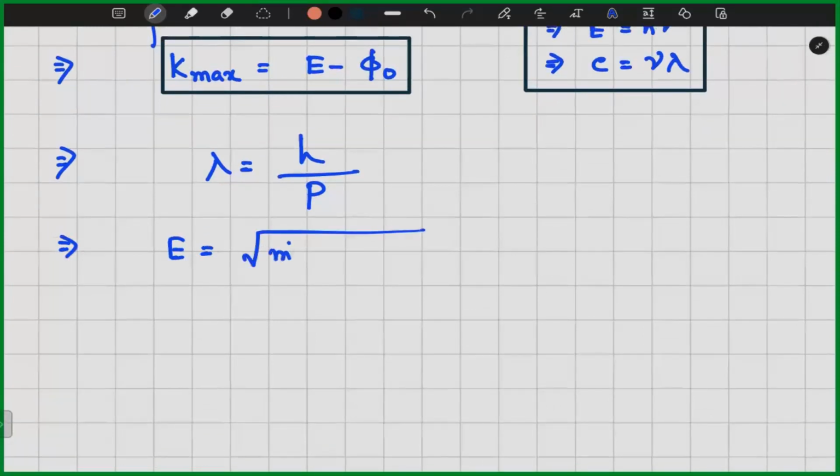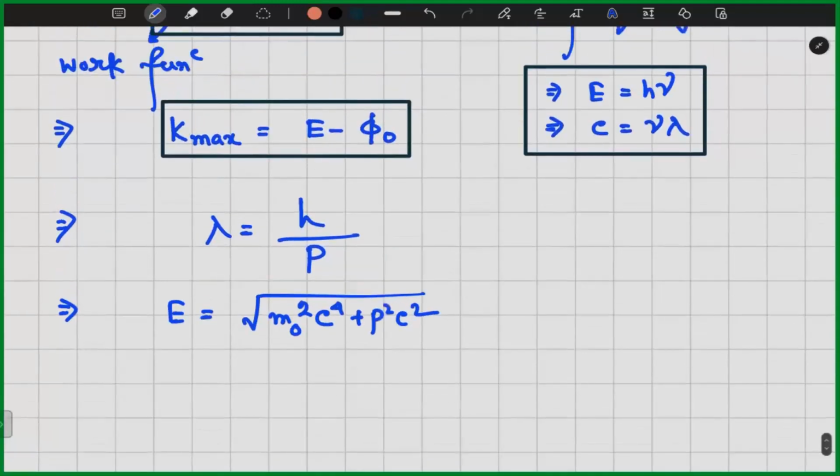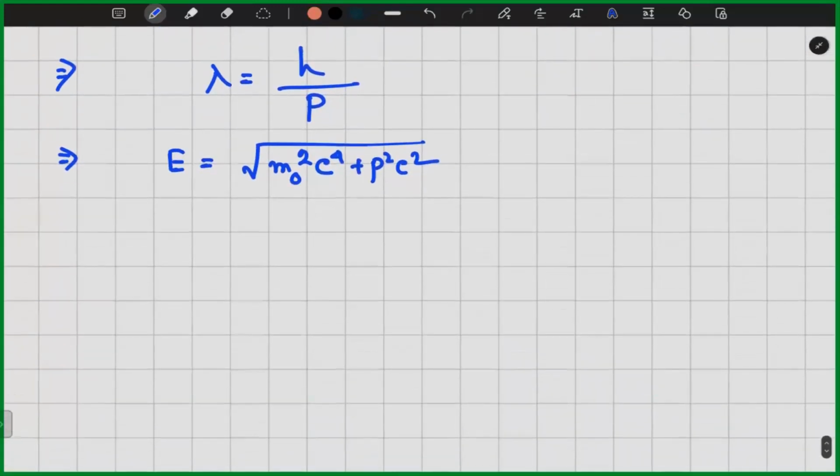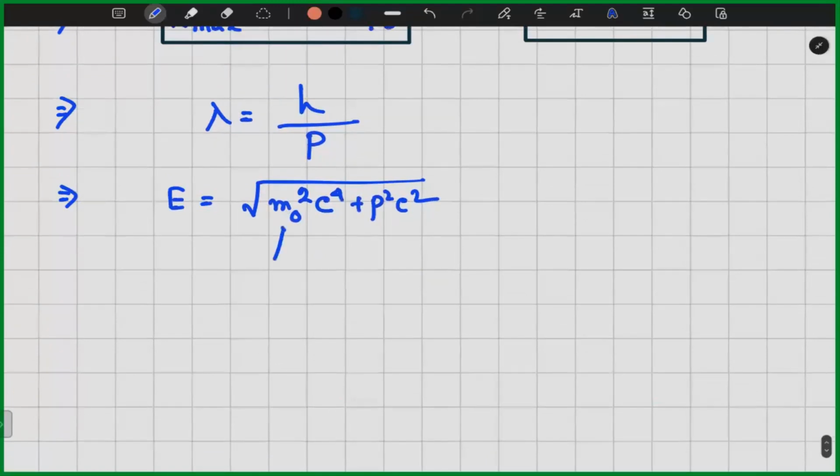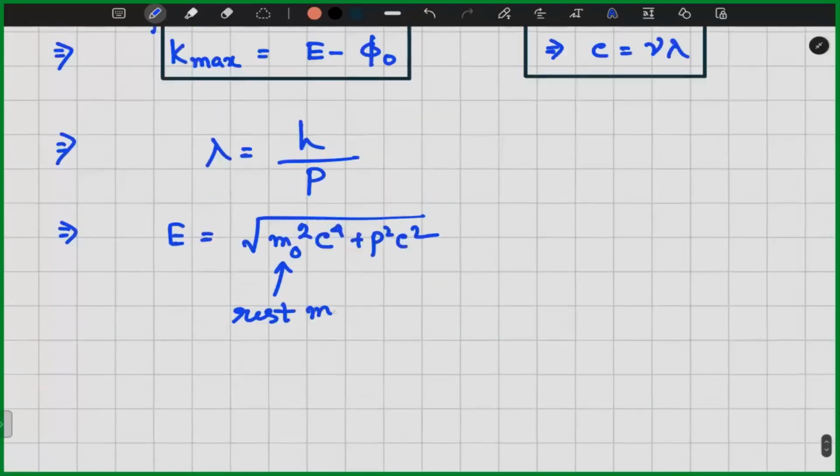E square equals m0 square c to the power 4 plus p square c square. This I did not discuss in class, but it's good to keep in mind. It is not that much important. This is just the energy in terms of relativity theory, where m0 is the rest mass, c is the speed of light, and p is the momentum.